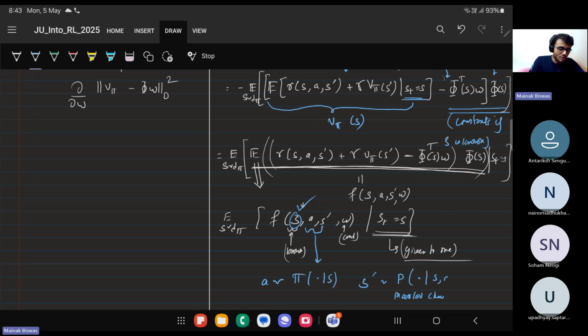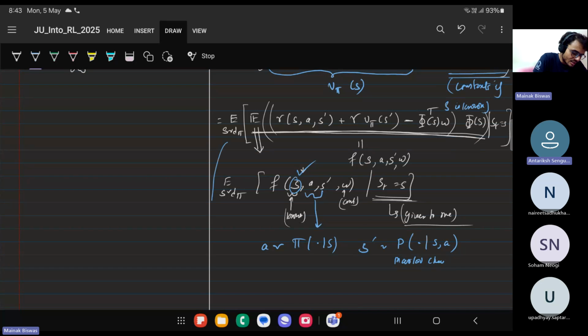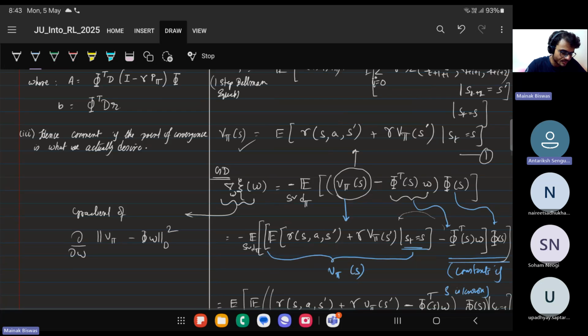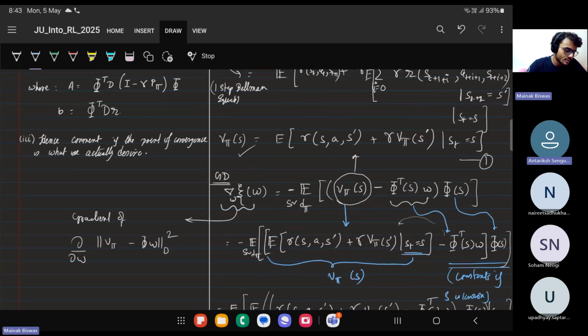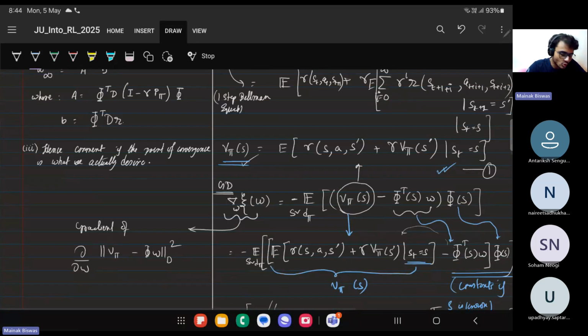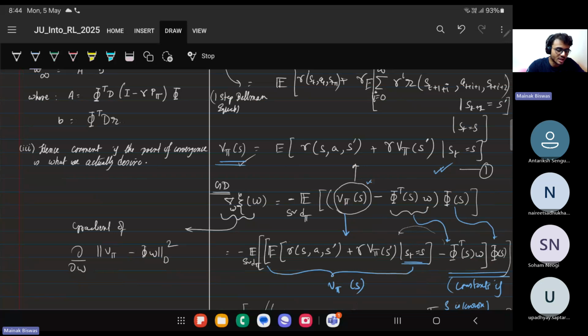Good. So now you see this entire equation can be written as a single expectation, isn't it? So could you just explain the manipulation from second to third step? I'm doing that. So v pi of s that I wrote here, this is clear. Now I know the gradient of the TD0 update.